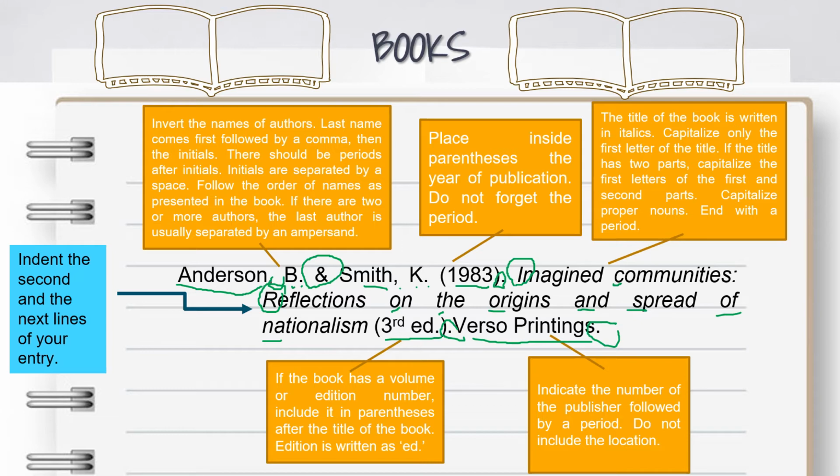So this is how you're going to make your entry for your bibliographies, and I hope you're able to somehow understand how you're going to do that. Just follow these instructions and try to do it on your own after our discussion.